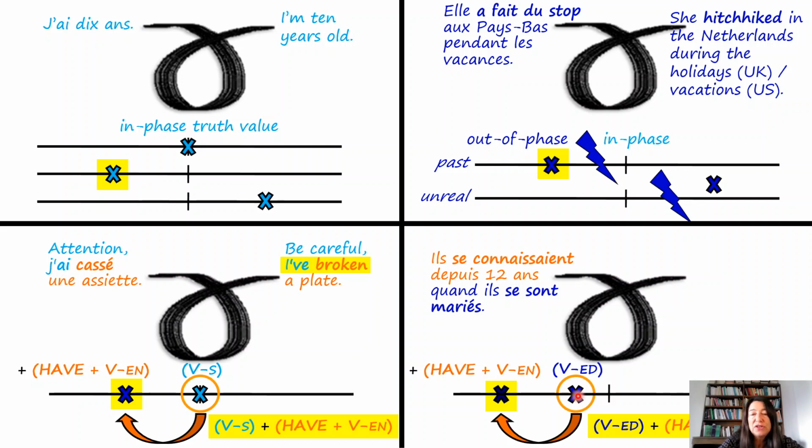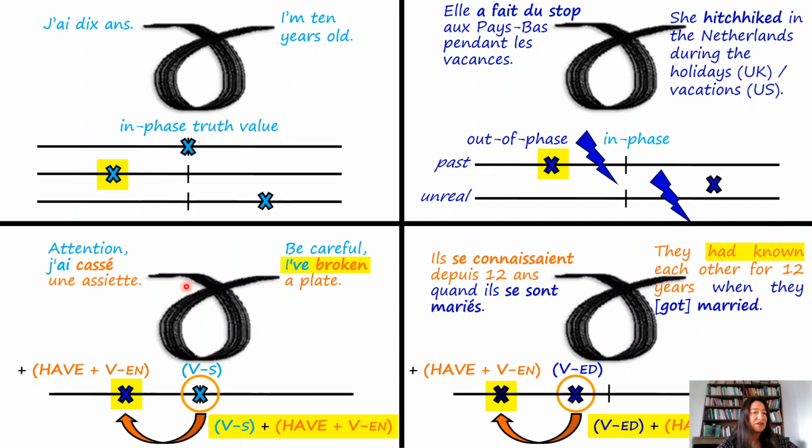And from that standpoint, we looked at the fact that "ils se connaissaient depuis 12 ans," which started 12 years ago and still is going on, which means that this past action is being looked at from the point of view of another past event, which means that this interconnection requires the use of the past perfect, and the translation of "ils se connaissaient" needs to be "they had known each other for 12 years when they married" or "when they got married."